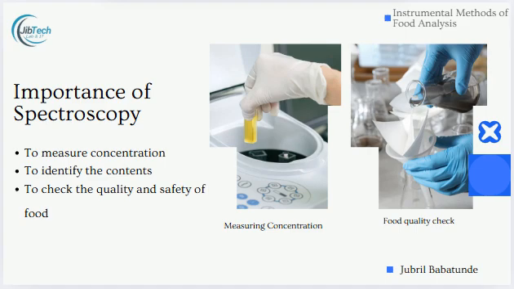And so right now, the importance of spectroscopy. Why do we have to do spectroscopy? You recall that in our introduction, when we were trying to classify classical methods and instrumental methods, we said that instrumental methods are methods that involve the use of instruments. And so what we do in spectroscopy is use an instrument that analyzes substances. Spectroscopy can do both qualitative and quantitative tests.